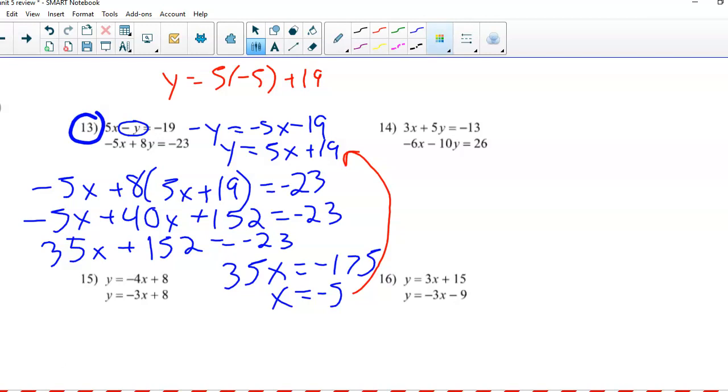Negative 25 plus 19. Negative 6. So our solution is negative 5, negative 6.